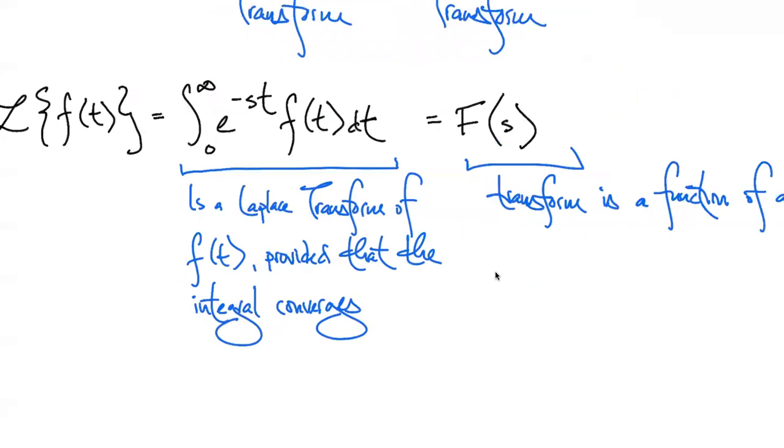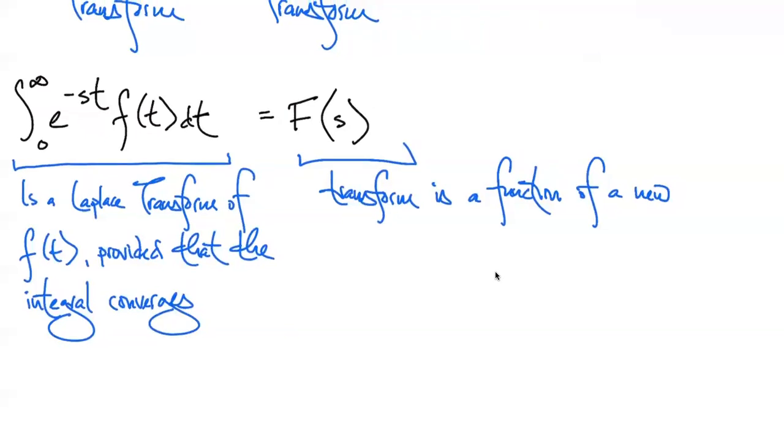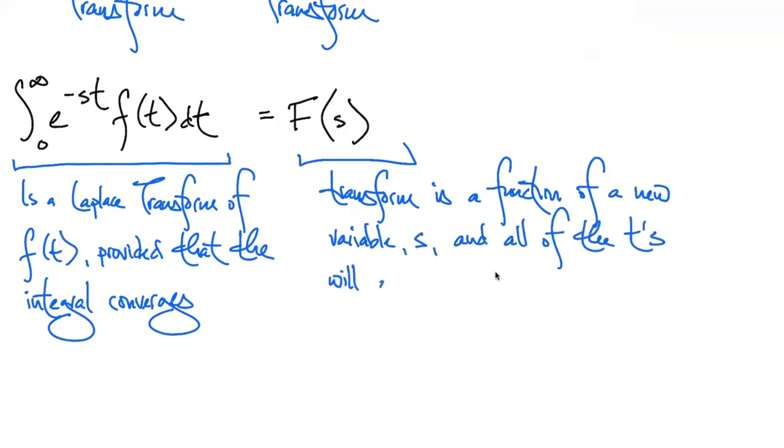There's no more t in that final answer. So a transform is a function of a new variable s, and all of the t's will drop out in the process.